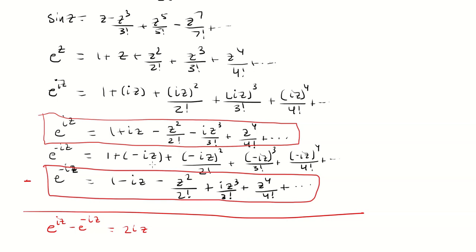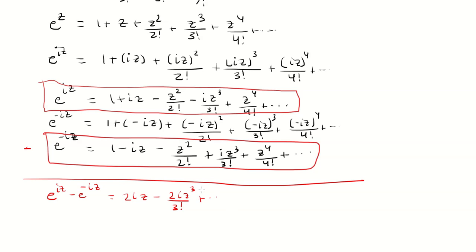Negative z squared over 2 factorial minus negative z squared over 2 factorial, that cancels. And the negative iz cubed over 3 factorial minus iz cubed over 3 factorial will give us 2 of those. So 2iz cubed over 3 factorial. And then the z to the 4th over 4 factorials will cancel.